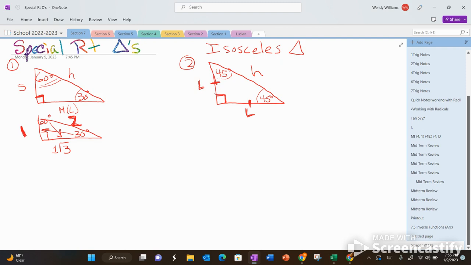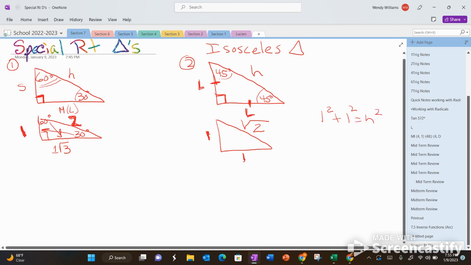And on a 45, 45, 90, that sets up a special relationship where if this is a 1-to-1 ratio, then if you think about the Pythagorean theorem, 1 squared plus 1 squared is the hypotenuse squared.